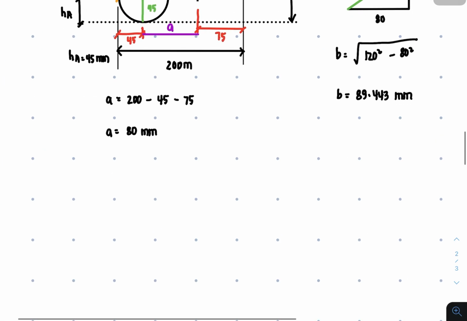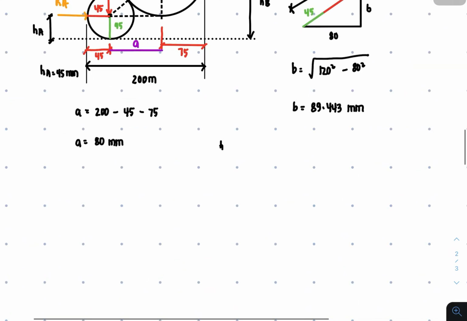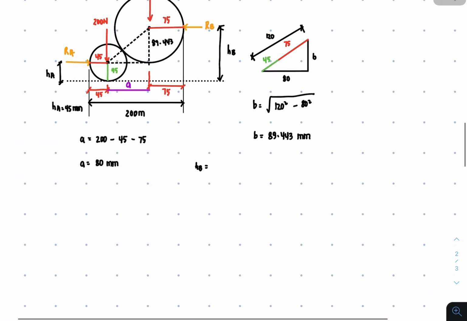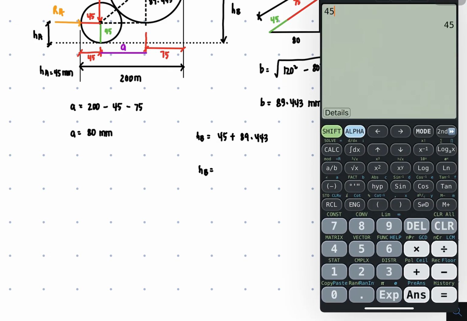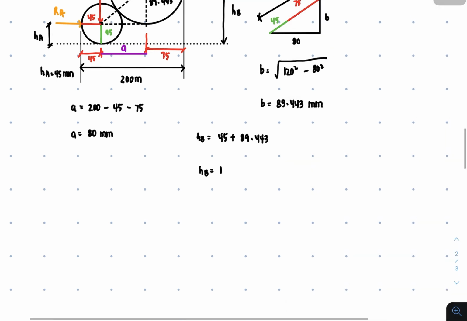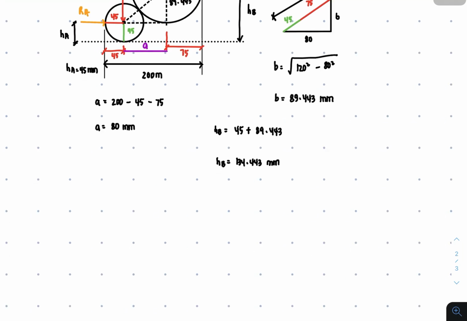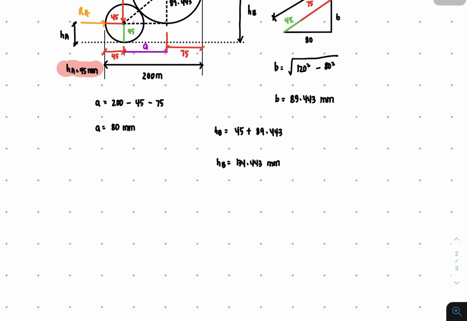So HB is equal to the addition of 45 plus 89.443. So that's going to be 45 plus 89.443, 134.443 millimeters. So we now have the values of HA and HB.